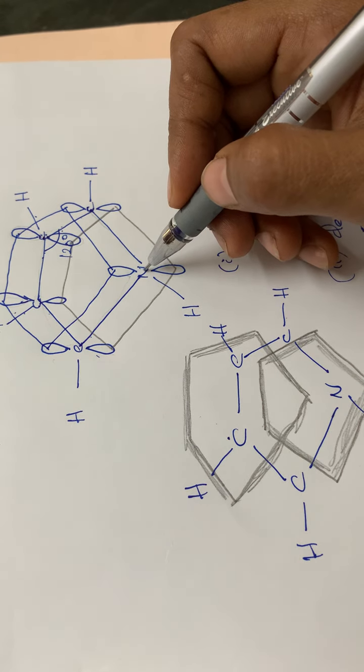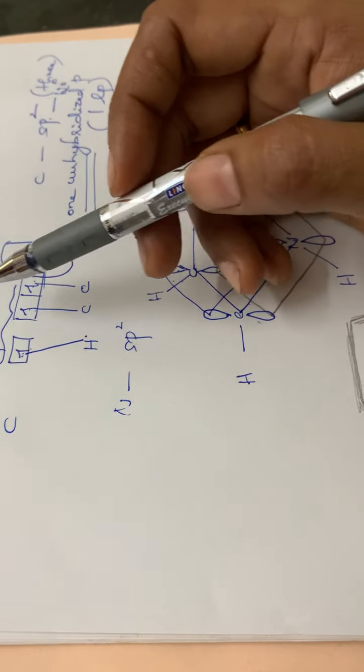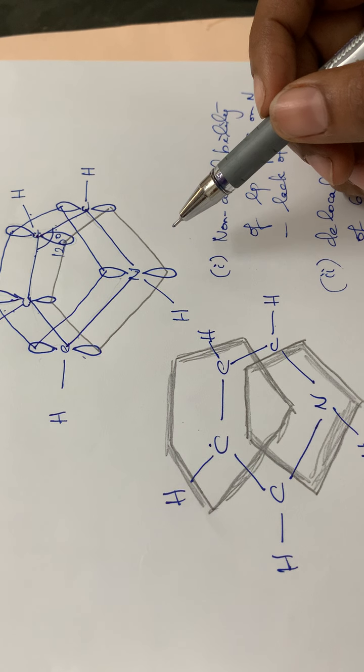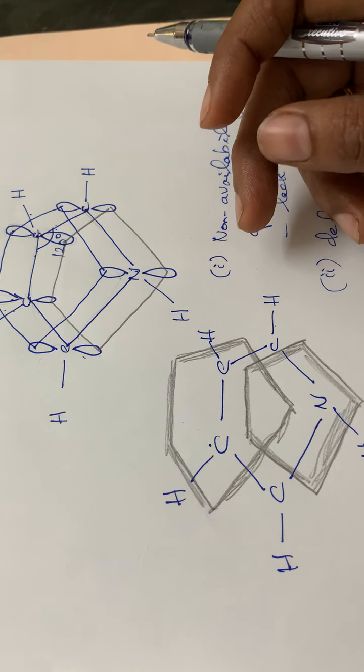Nitrogen will be having a positive charge, but carbon is not having a positive charge, right? Already we have seen in the resonance concept, isn't it? That means nitrogen is more electron deficient while comparing with that of the carbon atom.